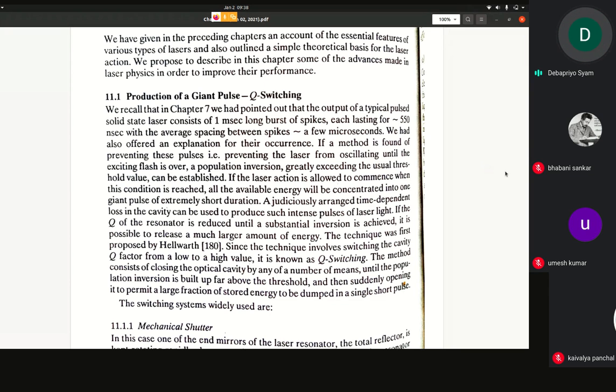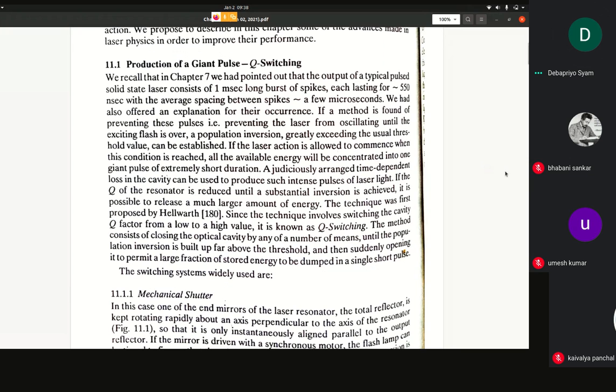But then you suddenly allow, by a special technique or trick, the stimulating radiation to grow in the lasing medium, and as it grows, it causes further growth because there are a huge number of atoms in the metastable state ready to de-excite.